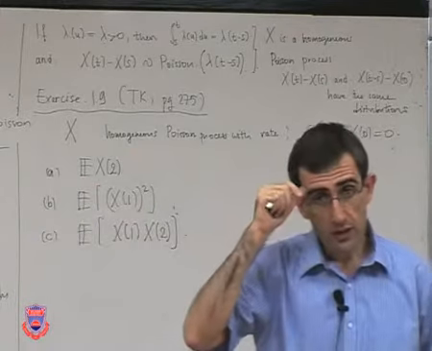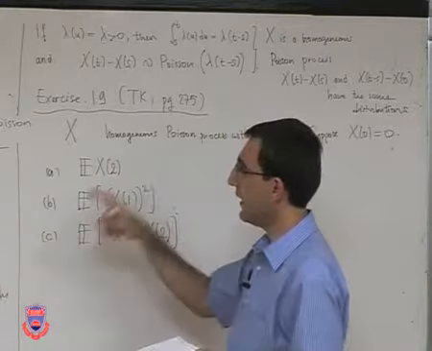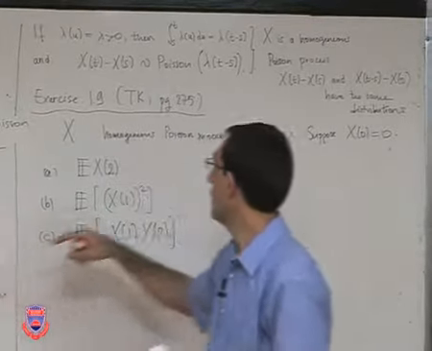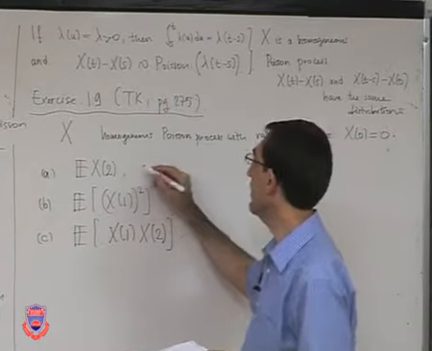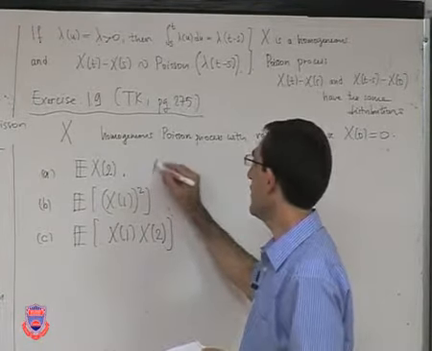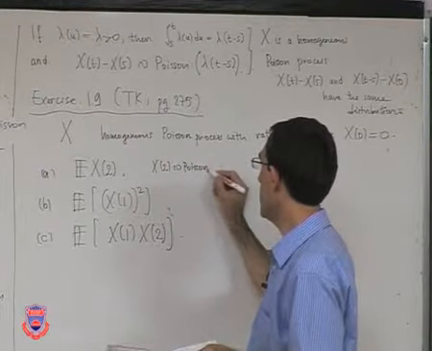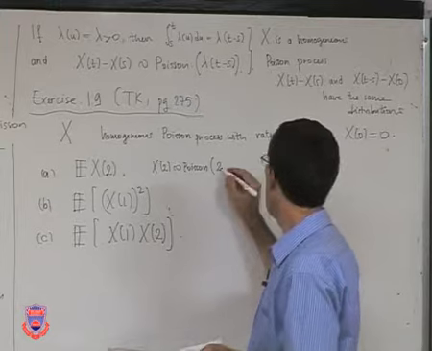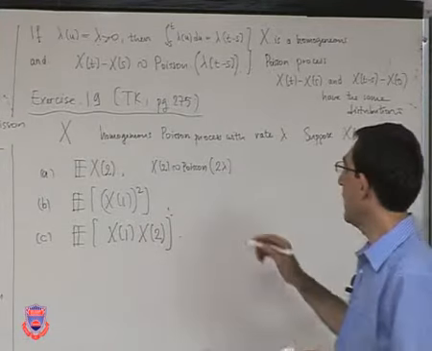Since we know X is a Poisson process, by the second property X2 must have Poisson distribution. So X2 has Poisson distribution with mean 2 times the rate of the process, 2 lambda.